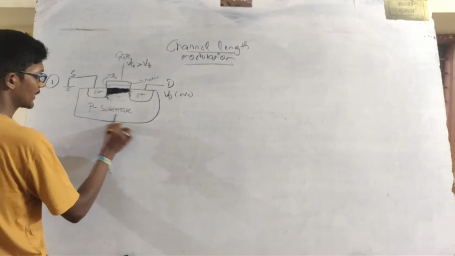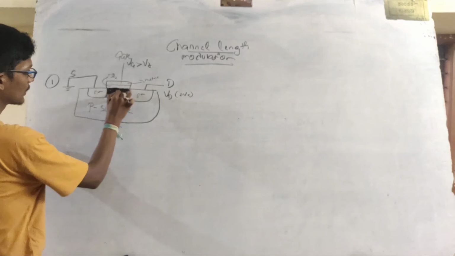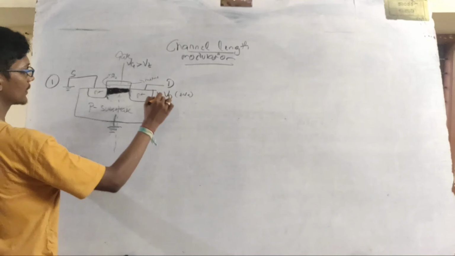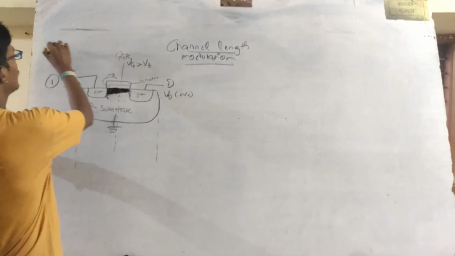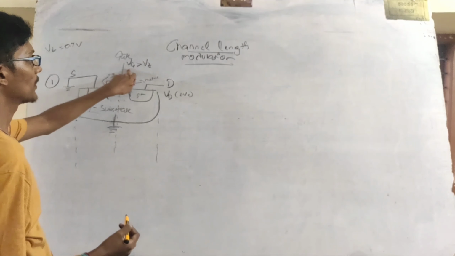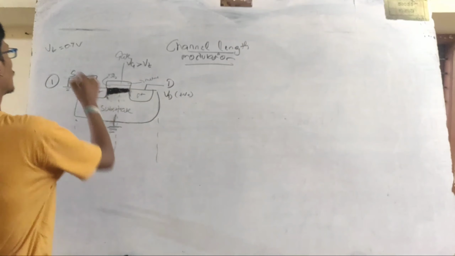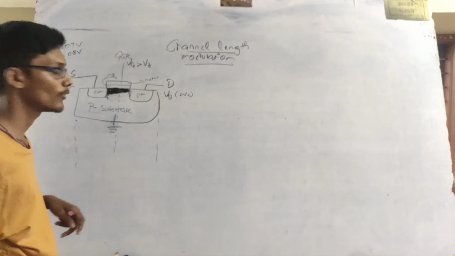Let's consider an example and see why this happens. I'll divide this transistor into two parts. Let's take VT as 0.7 volts, the threshold voltage. My VG should be greater than VT, so I'll take VG equal to 0.8 volts, and my inversion layer will be formed.